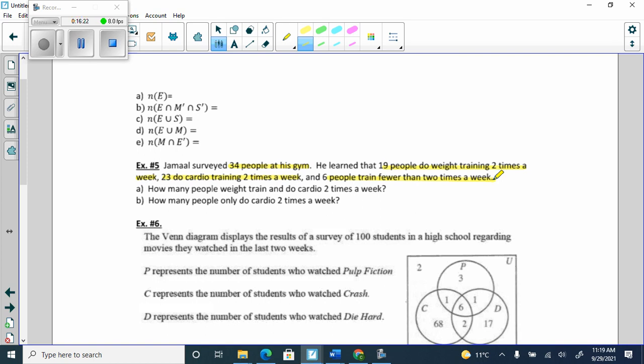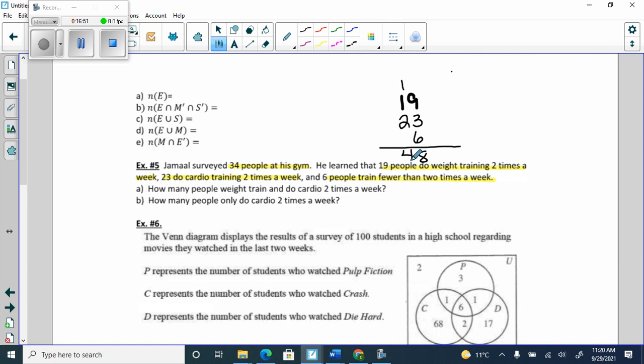Okay, so let's sketch it out. Oh, wait a second. They didn't give me the and. How do I find it? Did they give me each single, the total, and the not? Yep. So I can just add them up and subtract the total. So I can go 19 plus 23 plus the 6 we didn't fit in there. So I get 48.